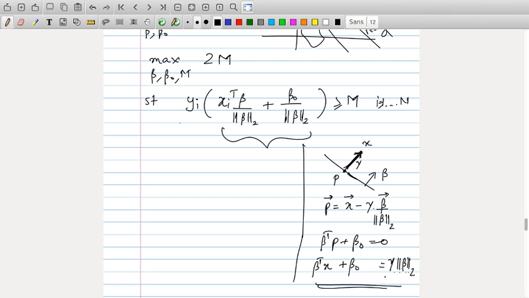Do you see I just substituted the definition of P here? P has one part which is x. I just wrote the x here, and it had a negative part, so I wrote it on the right hand side. And the negative part is just beta transpose beta divided by the norm of beta. Beta transpose beta is the norm of beta squared, so that's why one norm in the numerator just stays. And so this is the equation that x satisfies.